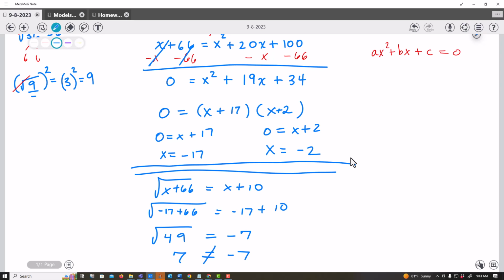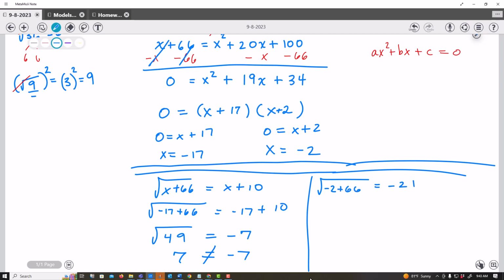Okay, so you need to be careful on these, that you actually go back in and plug and make sure they work. I'm going to go ahead and do the negative 2 plus 66 equals negative 2 plus 10. So I can see this is going to be the square root of 64. This is going to be 8, and definitely that one checks. So this is why that is only your answer.